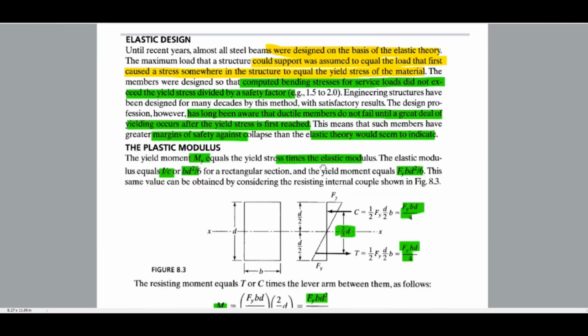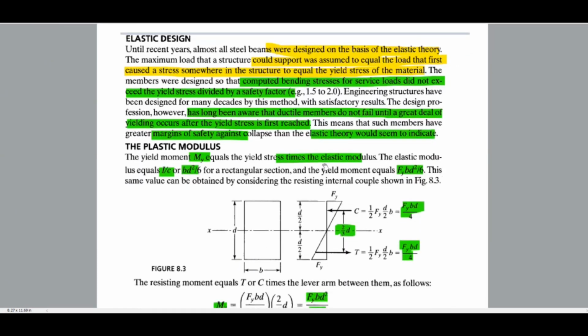Elastic design. Until recent years, almost all steel beams were designed on the basis of elastic theory. The maximum load that the structure could support was assumed to equal the load that first caused the stress somewhere in the structure to equal the yield stress of the material. The members were designed so that the computed bending stress for service loads did not exceed the yield stress divided by the factor of safety.